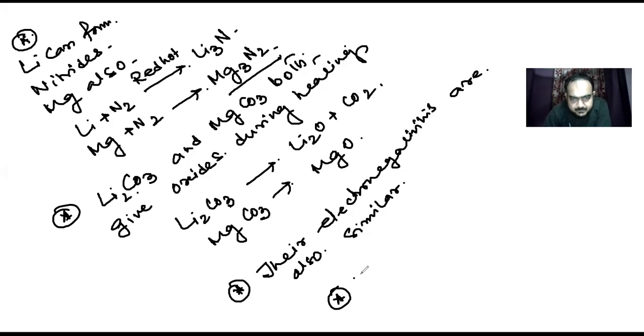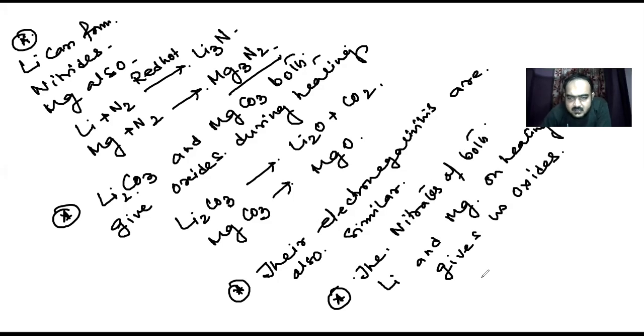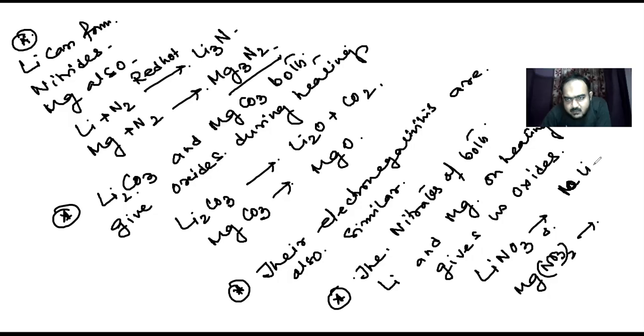Again, we can see the nitrates of both lithium and magnesium on heating give us oxides, such as when LiNO3 is heated and Mg(NO3)2 is heated, both give Li2O, and this will give MgO.